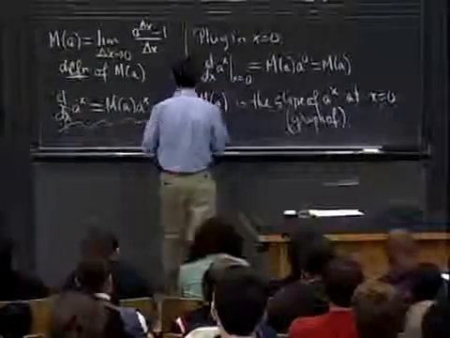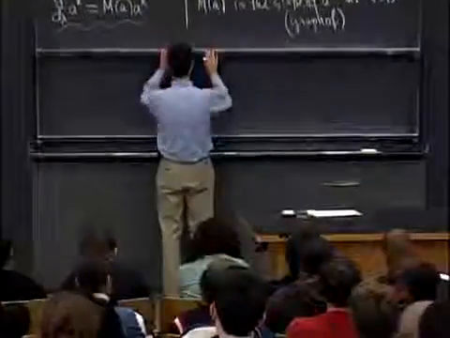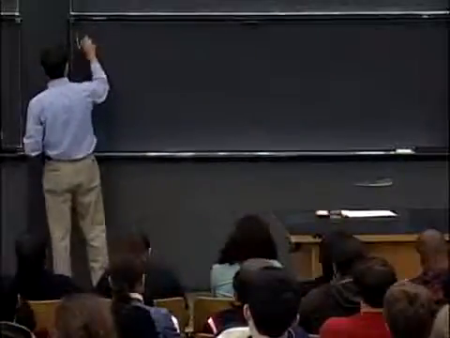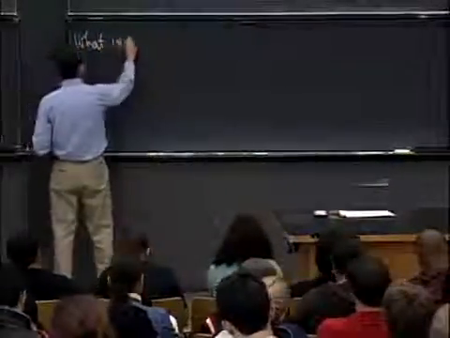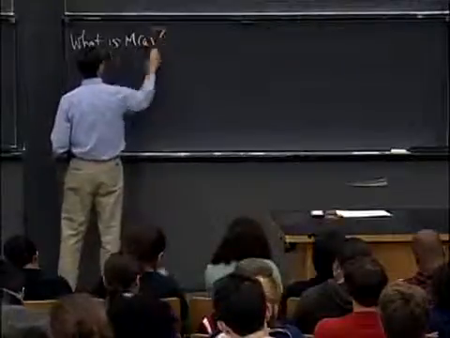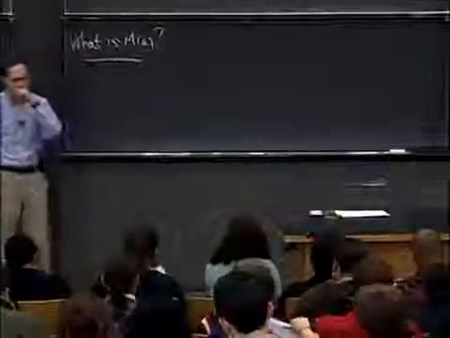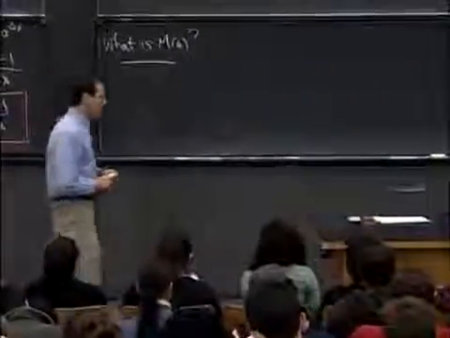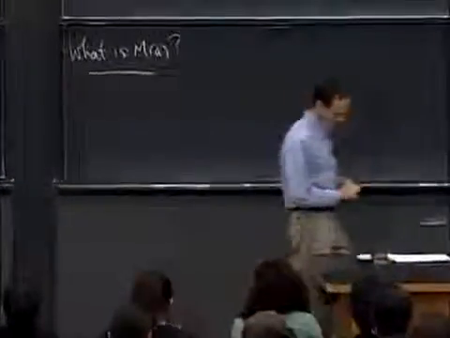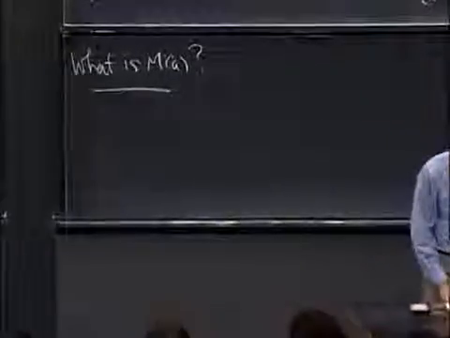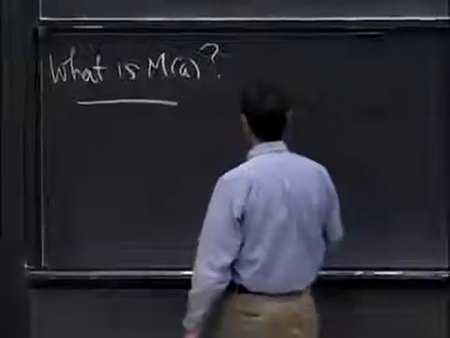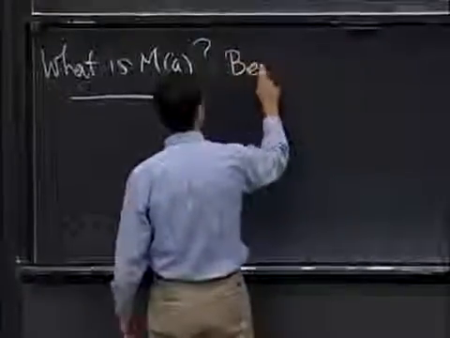So the basic question that we have to deal with right now is what is m of a? That's what we're left with. And the curious fact is that the clever thing to do is to beg the question.